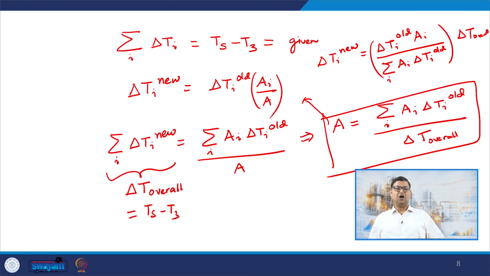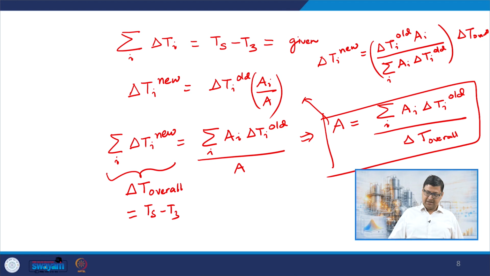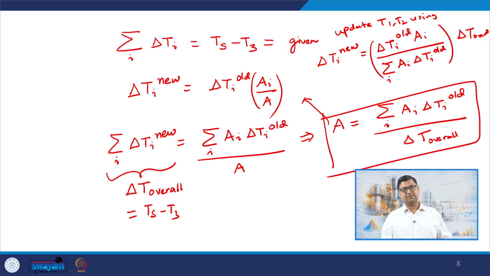Okay. So, now I have a way to update my temperature drops, which means essentially updating my temperature values, because temperature drops can be expressed in terms of T1, T2 and T3, right? So, update T1, T2 using this equation, and this is my fourth step.